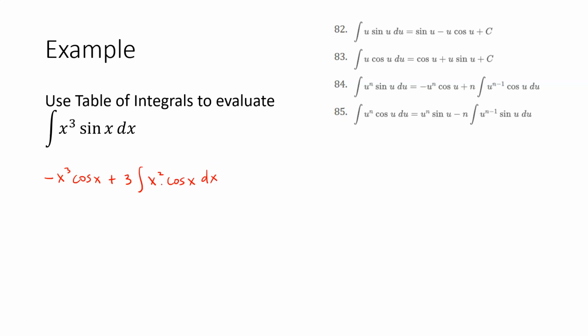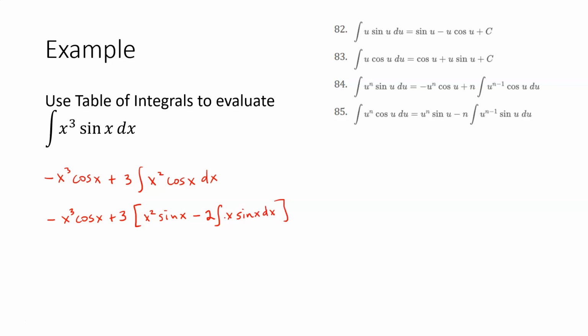So again, we could just do parts again here. But here, let's go straight to that formula there. So essentially, this formula is going to be doing integration by parts for us. So here with n equal to 2, we get x squared sine x minus 2 integral of, here with n equal to 2, now this will be u to the 1, so x sine x.